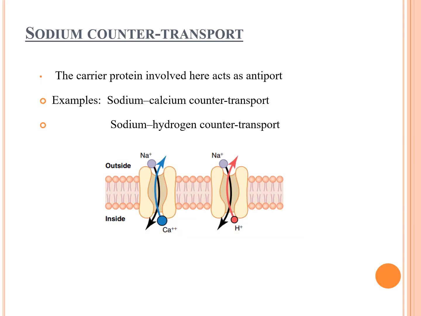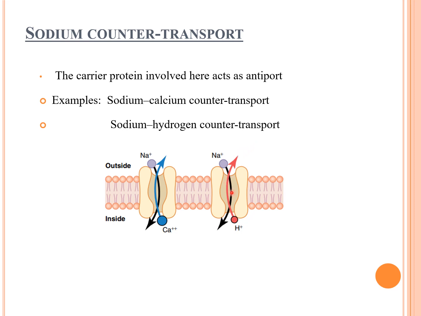And the sodium counter-transport: here the carrier protein acts as an antiport, where when sodium is pumped inside, calcium is pumped outside. This is called the sodium calcium antiport. There is one more example where when sodium is pumped inside, hydrogen is exchanged outside.